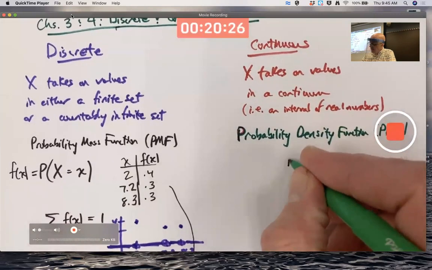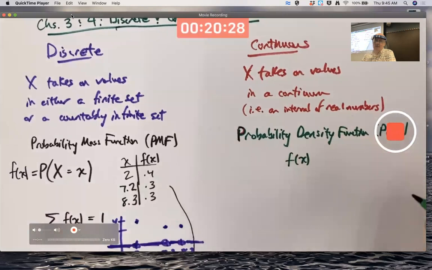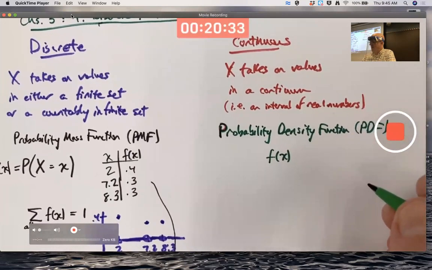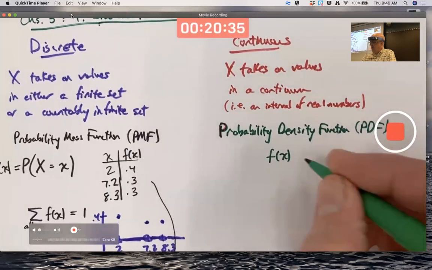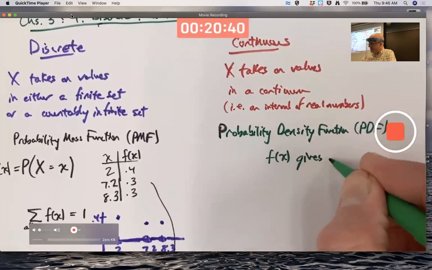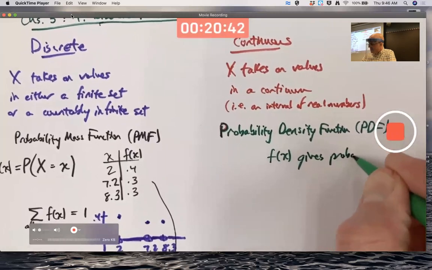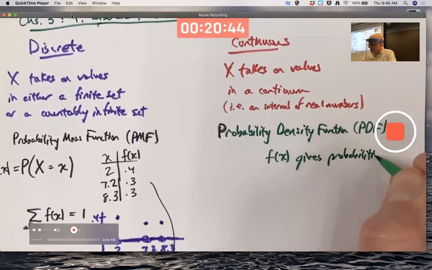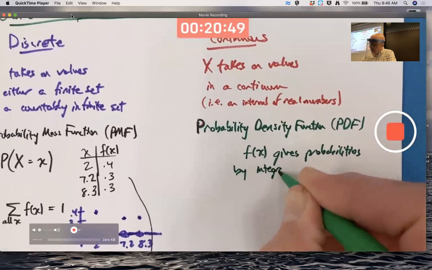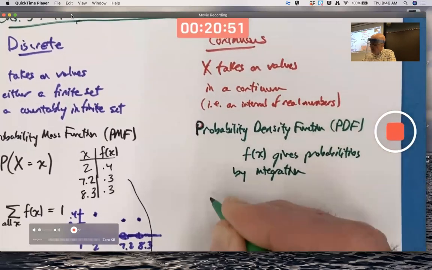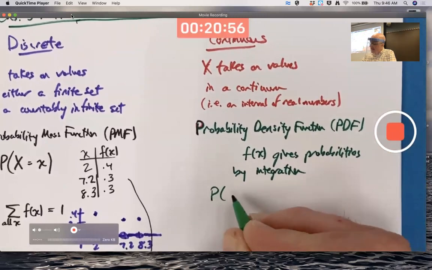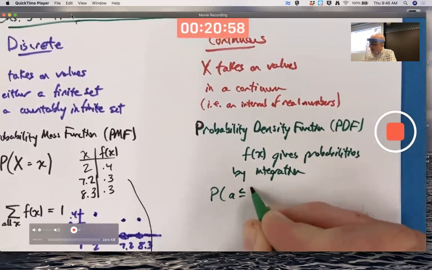So I'll just write f of x. I won't say it equals the probability that X equals x. Maybe I'll write little f of x gives probabilities by integration. In particular, the probability that X takes on a value between two numbers a and b.